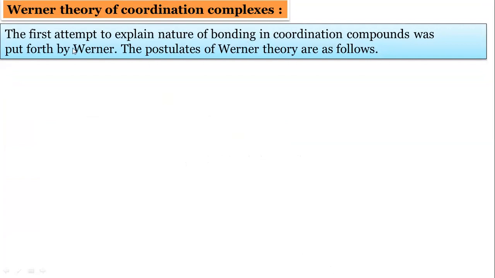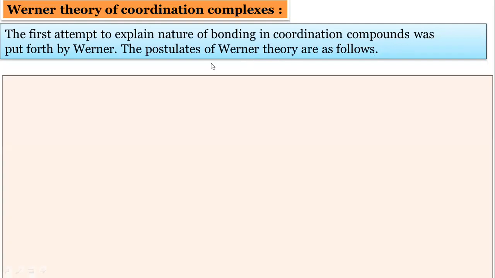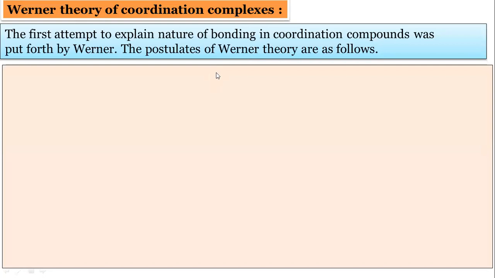The first attempt to explain the nature of bonding in coordination compounds was made by the scientist Werner. Werner is also called the father of coordination chemistry, because he studied many coordination compounds and gave his theory.